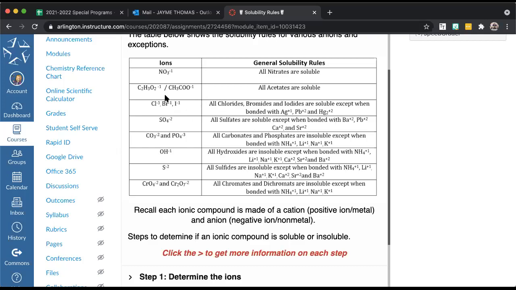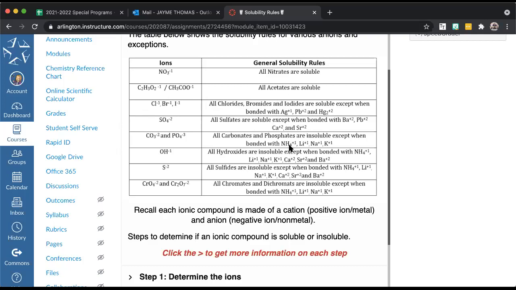They will be insoluble because that's an exception. If you have lead chloride, lead bromide, or lead iodide, they will not dissolve because that's an exception. And if you have mercury chloride, mercury bromide, or mercury iodide, they will not dissolve. Anything else that has chloride, bromide, and iodide is going to be soluble.